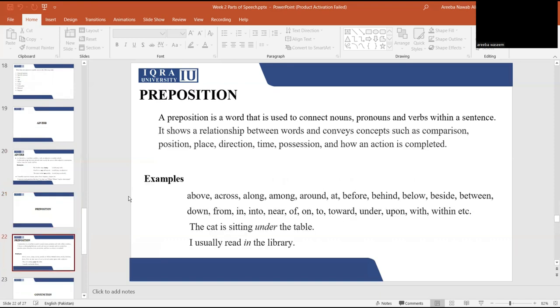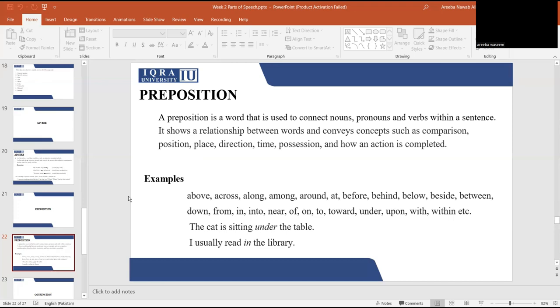Prepositions. Okay. A preposition is a word that is used to connect nouns, pronouns, and verbs within a sentence. It shows a relationship between words and conveys concepts such as comparison, position, place, direction, time, possession, and how an action is completed.